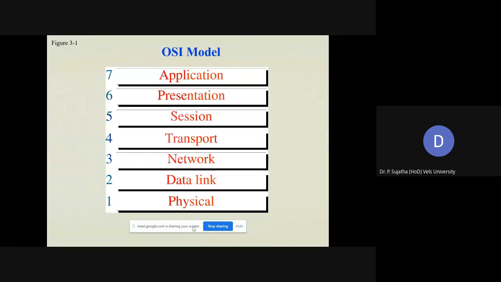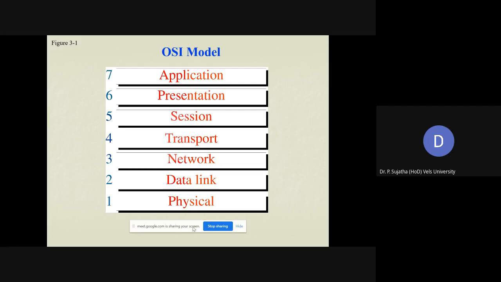In the normal layered architecture itself, we have seen that on the sender side, the process starts from the upper layer to the lower layer. Similarly in computer networks also, the sender side system starts the processing from the application layer, then transmits the information to its lower layers: presentation, then session, then transport, then network, then data link layer, and finally the physical layer.